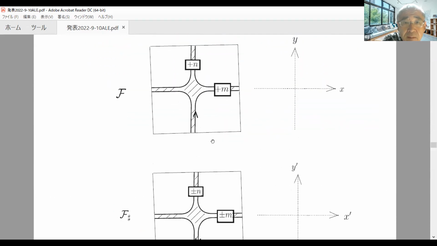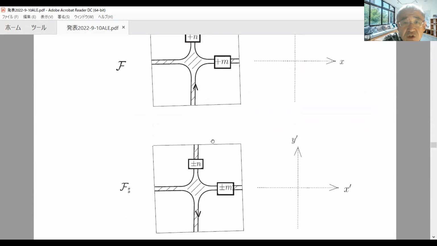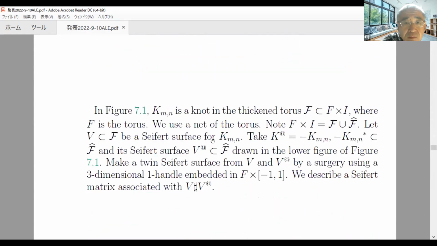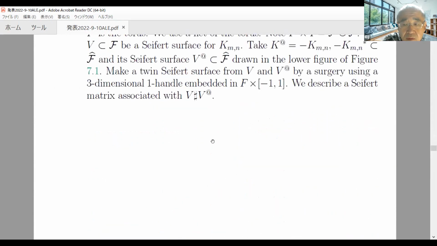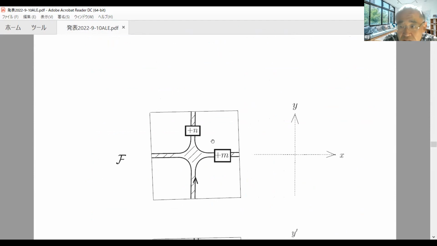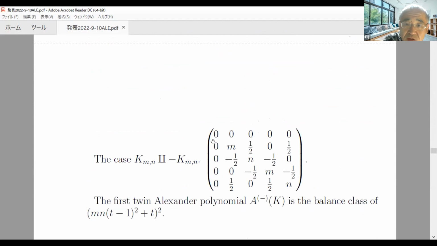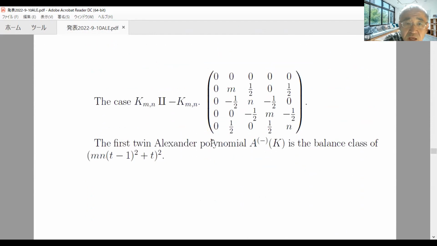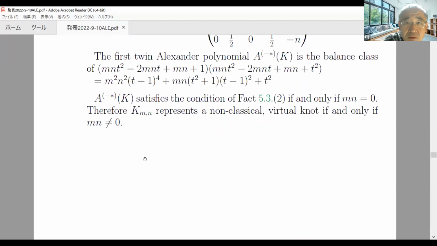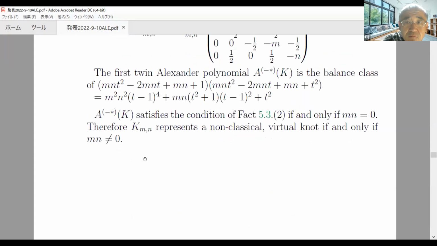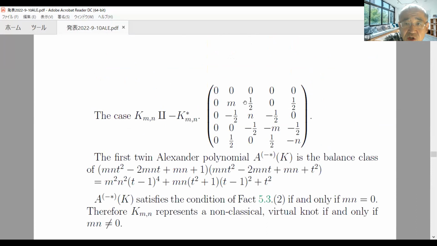This is an example. We show explicit examples. It's a knot in a torus, and we calculate Seifert matrices and the twin Alexander polynomial. Elements are half integer or integer.